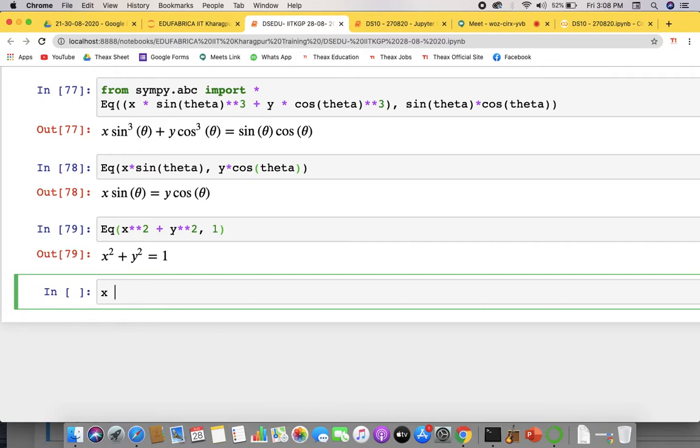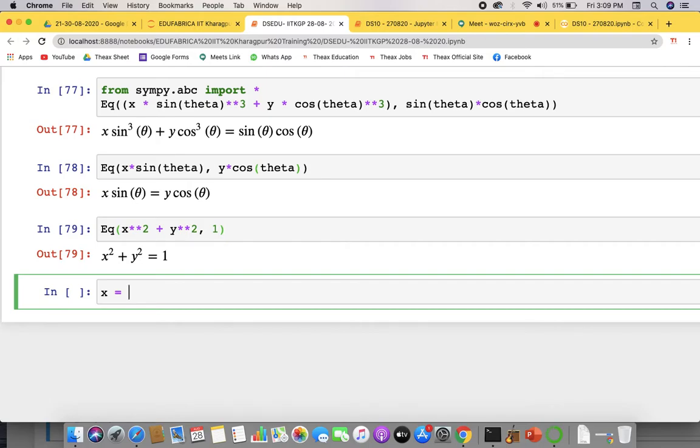Right, I can say x is going to be, assuming x sine theta equals y cos theta, then x is equal to y cos theta by sine theta.